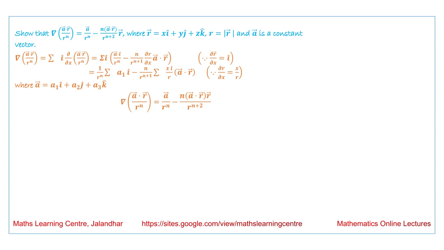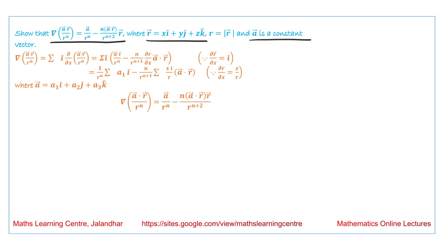Next we have to show that the gradient of the function a vector dot r vector over r raised to the power n is equal to this value, where a vector is some constant vector and r vector is given to us.